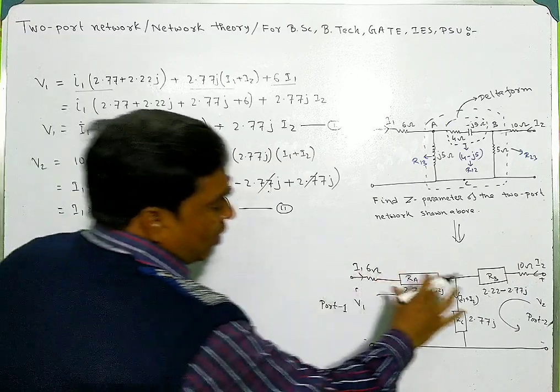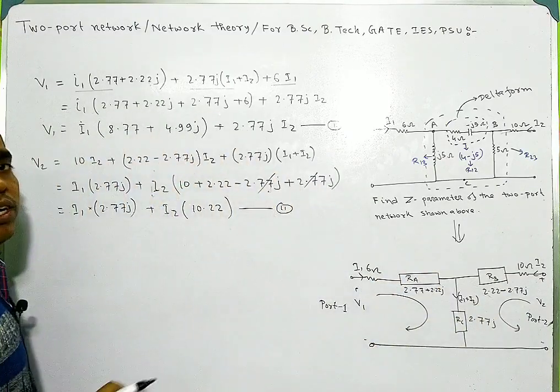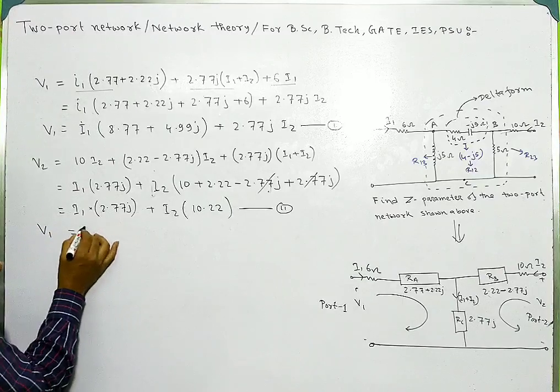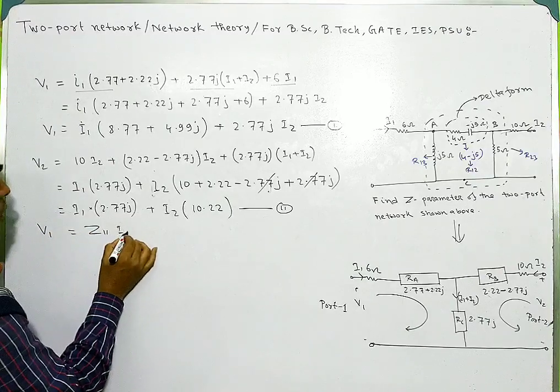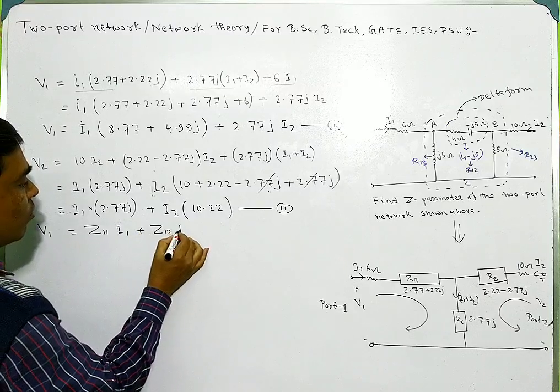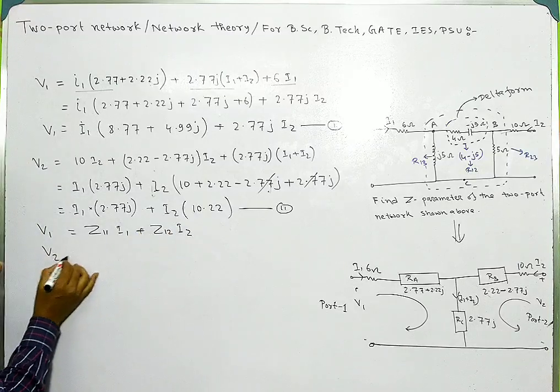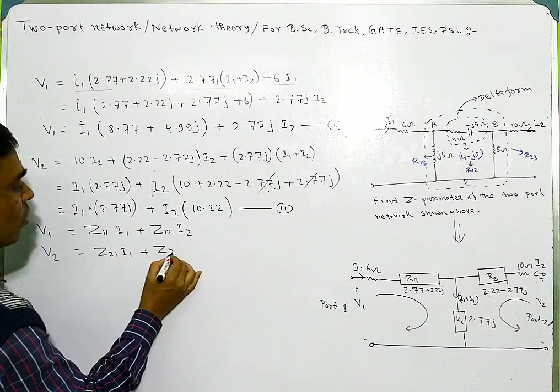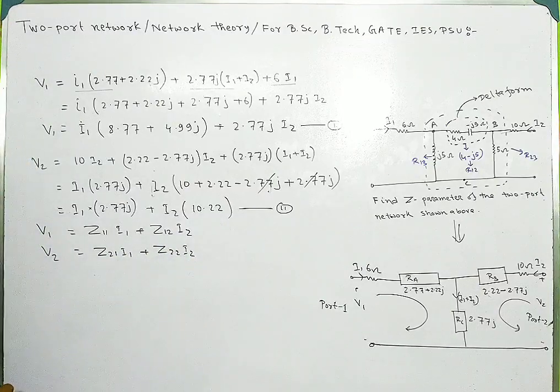Now if I write this two-port network in terms of Z parameter, then it will be V1 equals Z11 I1 plus Z12 I2, and V2 will be Z21 I1 plus Z22 I2.